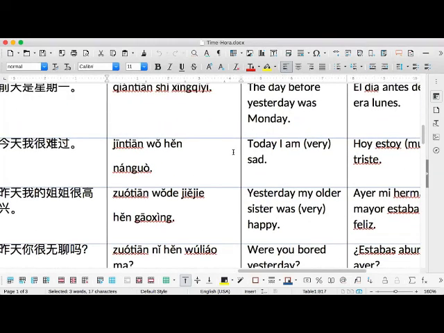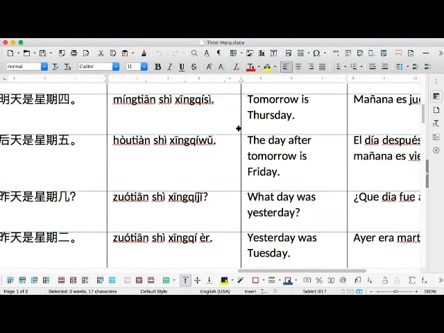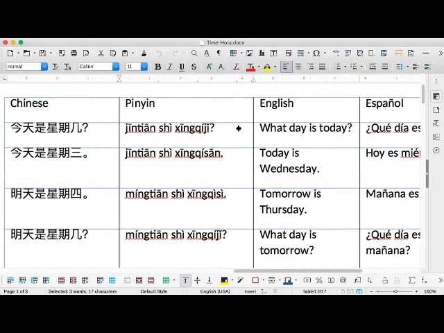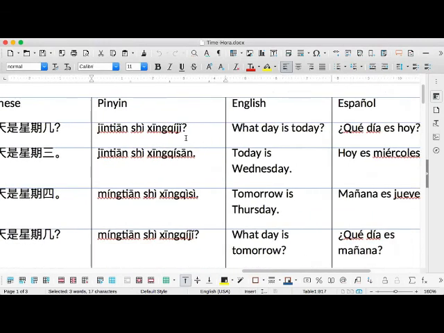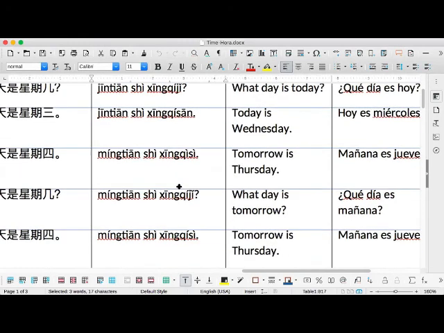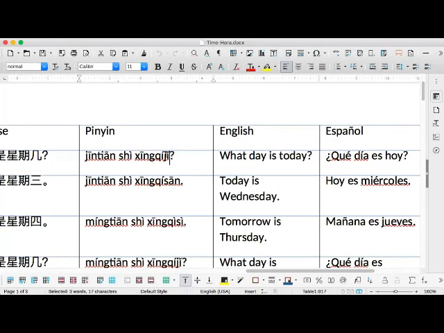That's the same concept we use when we're asking for days. I sent you this one earlier, if you remember. And the way we ask is 星期几. 星期 is the word for what day?